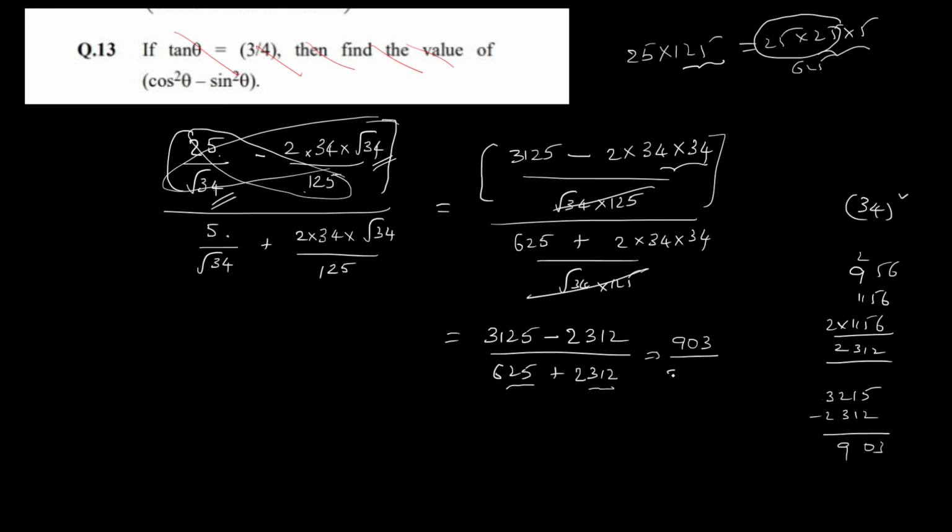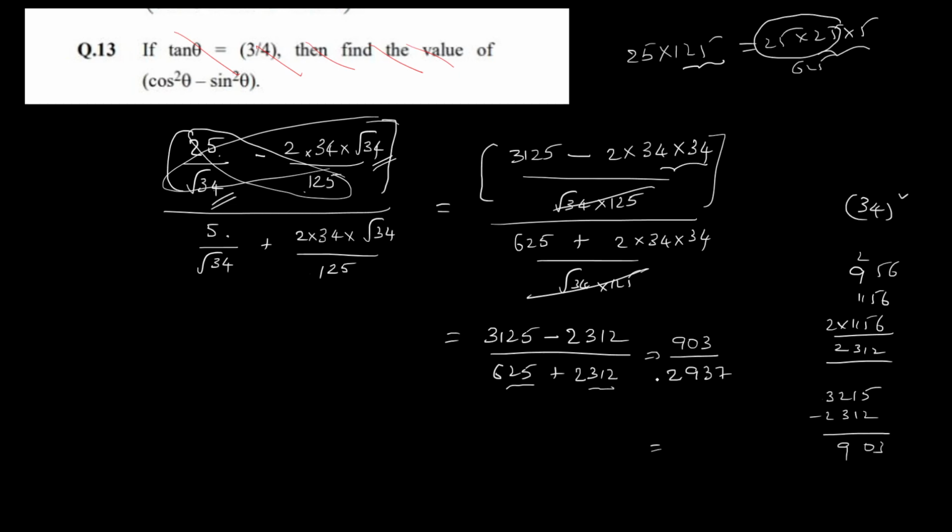So 2937. And if I solve it by the calculator, I'll get 903 by 2937. So both numbers are divisible by 3, so I can get the answer as 0.37, but we should not express it as a decimal, so just divide it by 3.